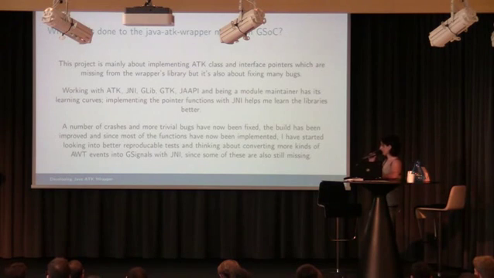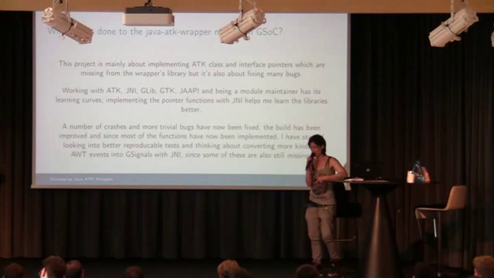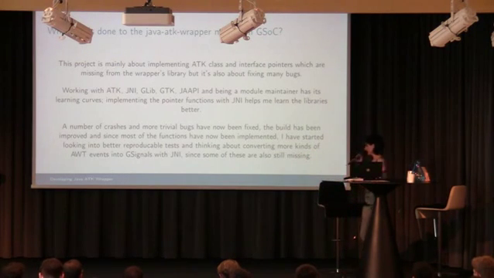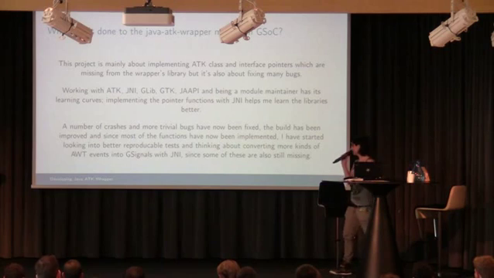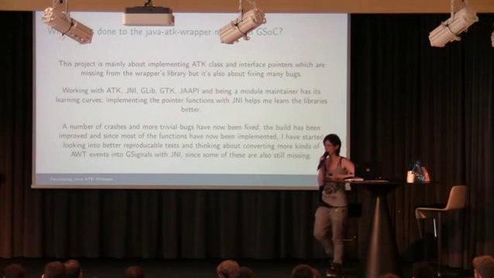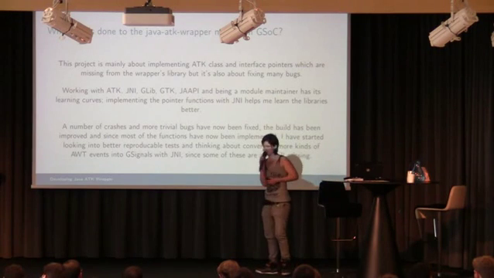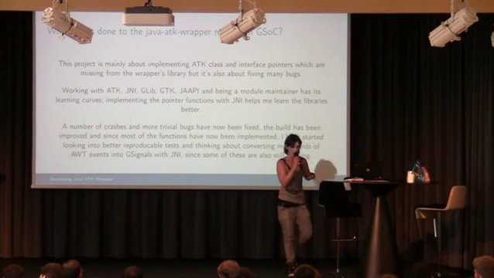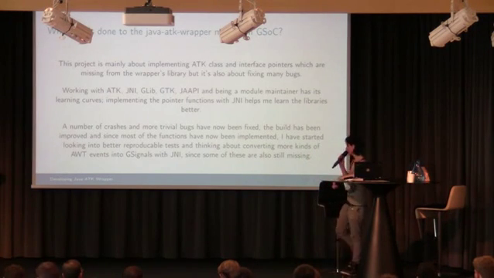So far, what I've done is I've fixed a number of crashes and other bugs that have been reported, either by me or by some users. I've improved the build, and most of the functions that were on my list have been checked off now. I've also started looking into tests, because testing events is much easier than testing these implementers.